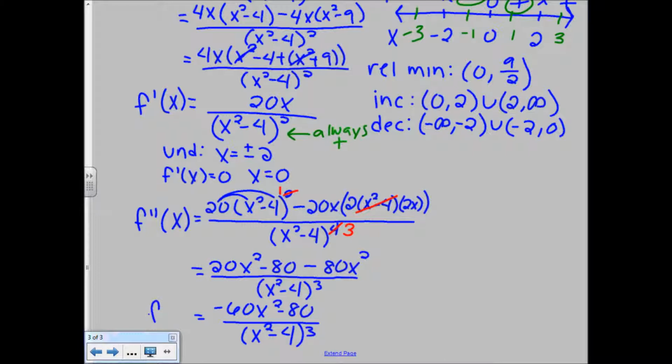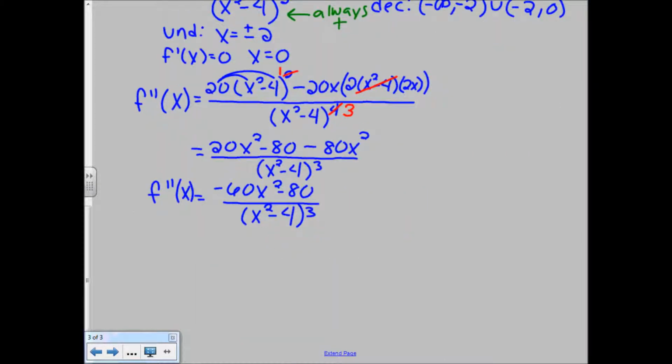So again, now we want to look where our critical values are. This is going to be undefined when x equals plus and minus 2 again, because of that x squared minus 4 in the bottom. And now we want to set it equal to 0. When we set it equal to 0, we're really looking at where the numerator of the function is equal to 0. So we move that 80 over, we get 80 is equal to negative 60x squared.